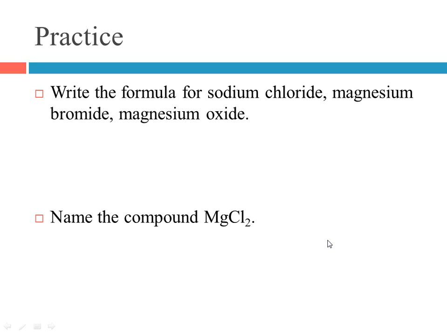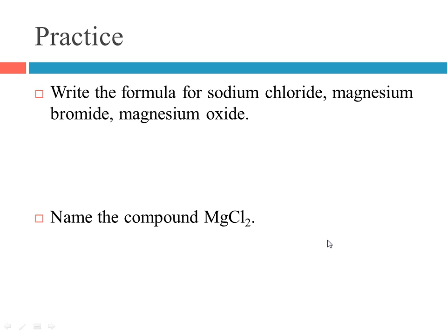It wants to gain 1 electron to be like the nearest noble gas. When you have a +1 and a -1, so you have the same charge, basically those just cancel. So +1 -1 equals 0. Or you can swap the 1 here if you would like. Either way, you end up with a 1-to-1 ratio of sodium and chlorine, or chloride.